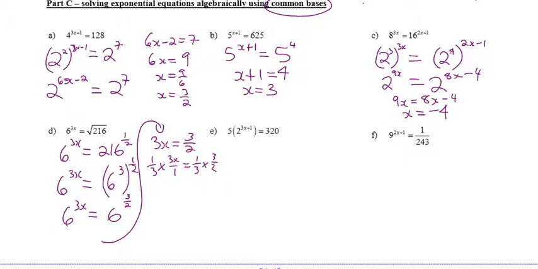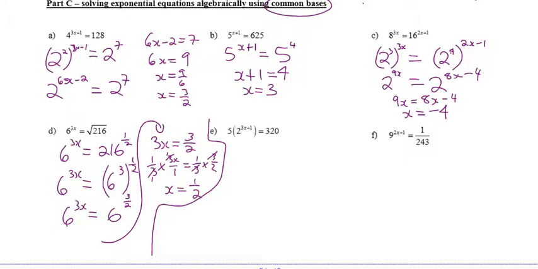I don't want to have to do 3 halves divided by 3. So I'm going to flip it and say, instead of dividing by 3, I'm going to multiply both sides by 1/3. The 3's are going to take each other out, leaving me with x, and the 3's are going to take each other out, leaving me with 1/2. So x is 1/2. Multiplying by 1/3 is the same as dividing by 3.